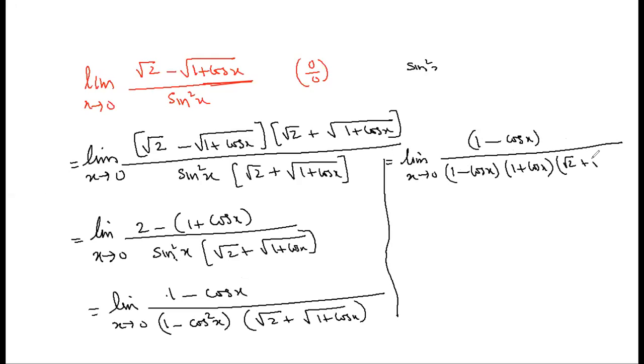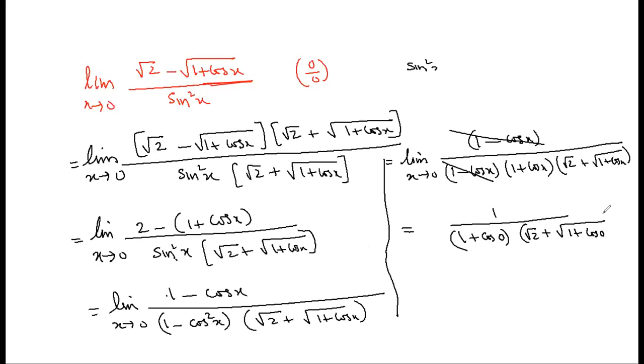Now this 1 minus cos x cancelled. So 1 upon 1 plus cos x, with cos 0 becomes 1 upon 2, into 1 upon root 2 plus root 2, which is 2 root 2. Is everything clear? Yes, sir.